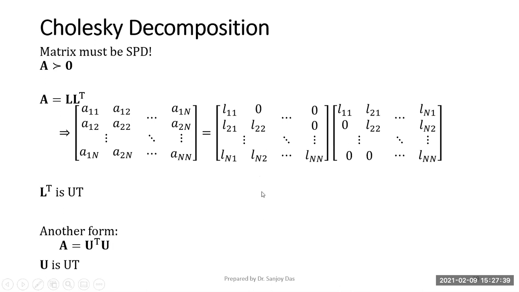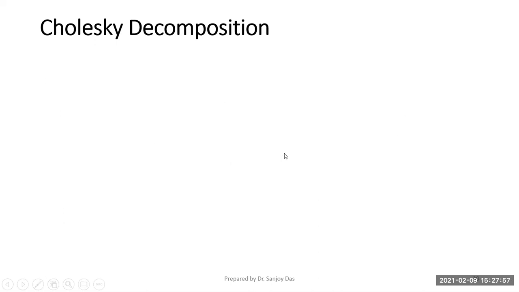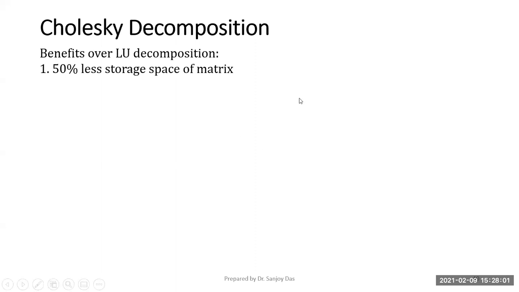You can see one clear benefit: half the storage space, right? You don't have to store L and U. It's basically L and L transpose. You don't have a separate L and a U. So 50% less storage space.